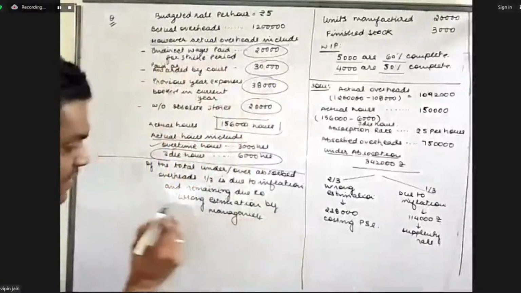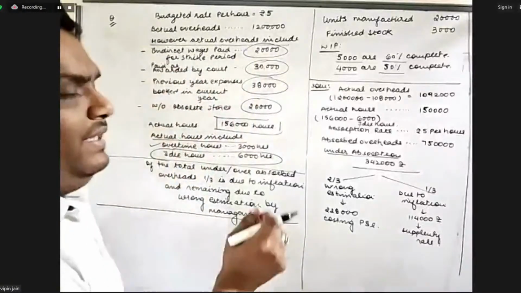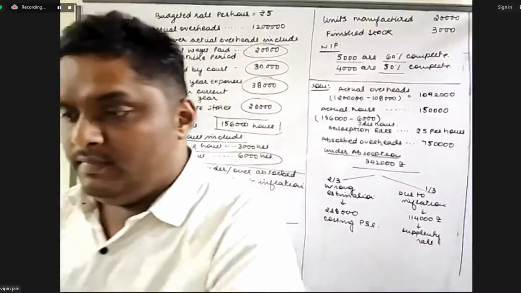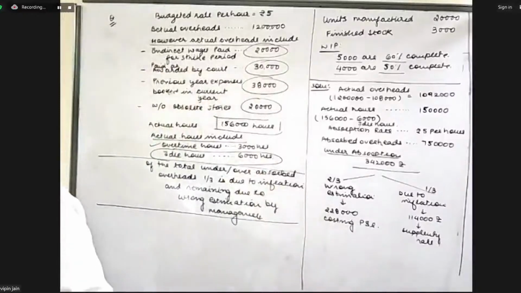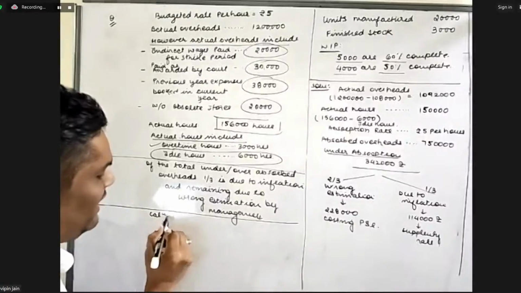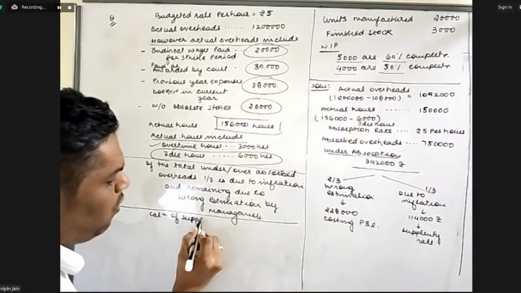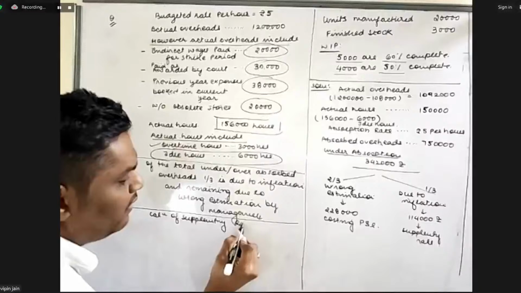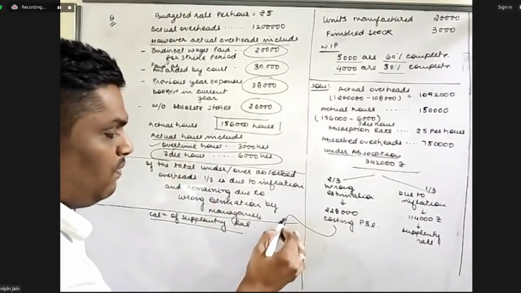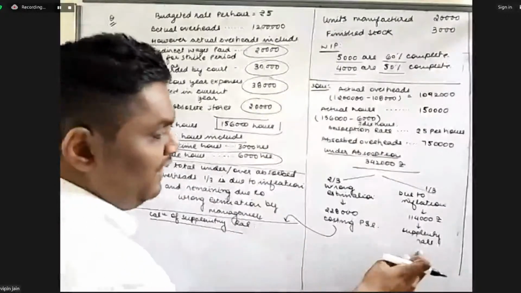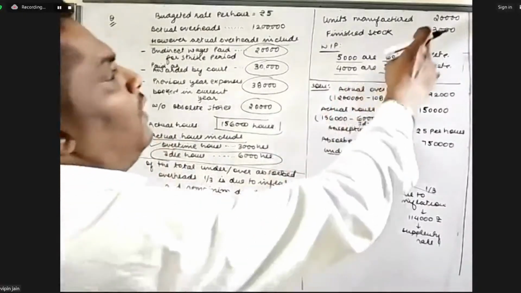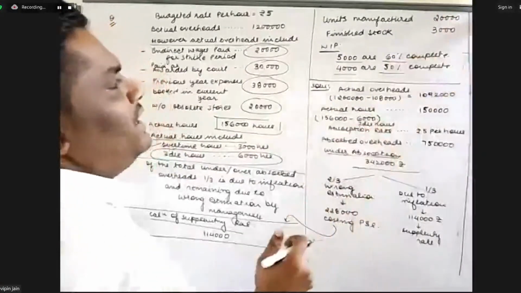So now, when talking about the supplementary rate, I think this part of the board is visible to all. Okay, great. So when talking about the calculation of supplementary rate, again 1,14,000, this was the twist, divided by, of the units manufactured 20,000, 3,000 are still in stock.